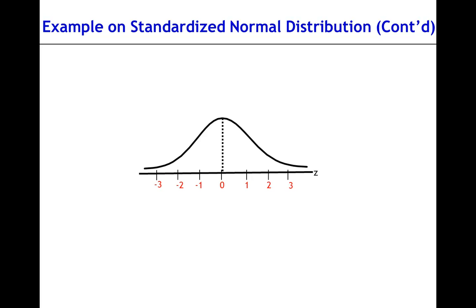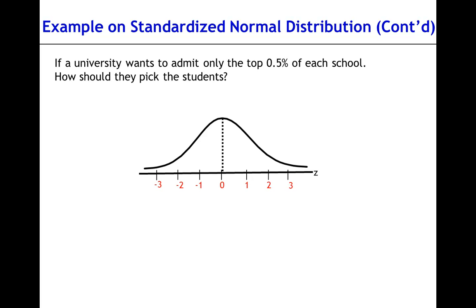So by standardizing every student's score to a z-score, we only need one z-distribution curve. Now, if the university wants to admit only the top 0.5% of each school, how should they select the students now?